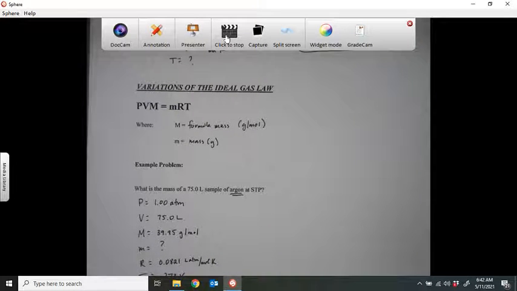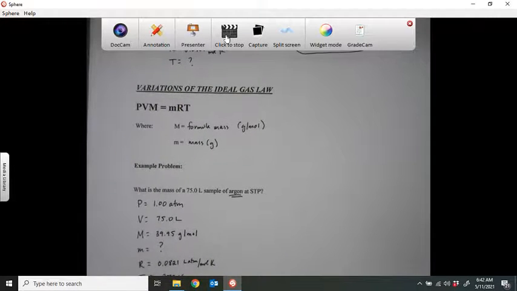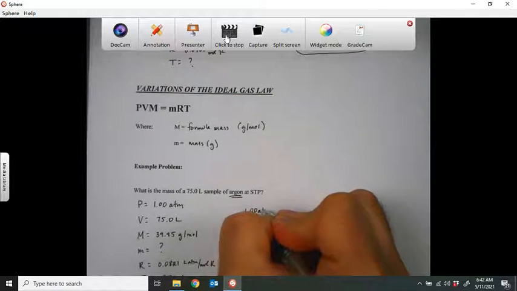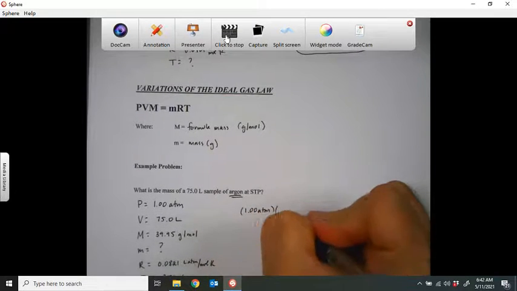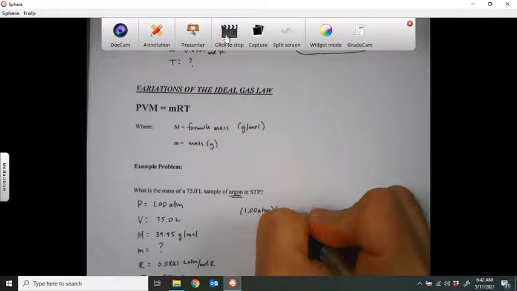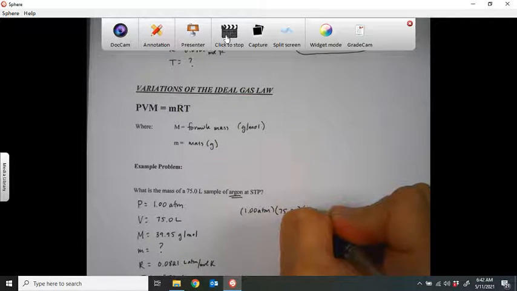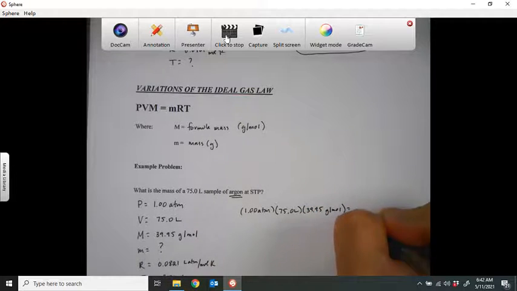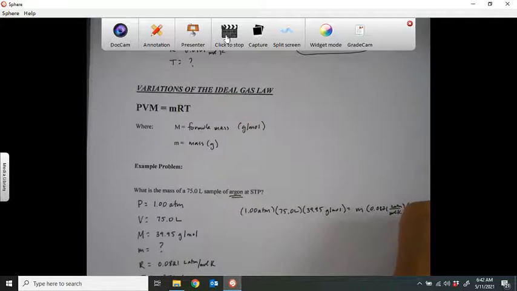Now all we have to do is put it into our equation. So P, 1.00 atmospheres, times V, 75.0 liters, times capital M, 39.95 grams per mole, is equal to little m, which is our question mark, times R, 0.0821 liters atmosphere per mole Kelvin, times our temperature of 273.